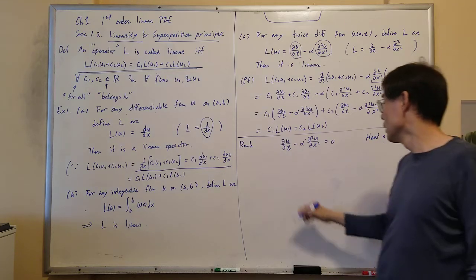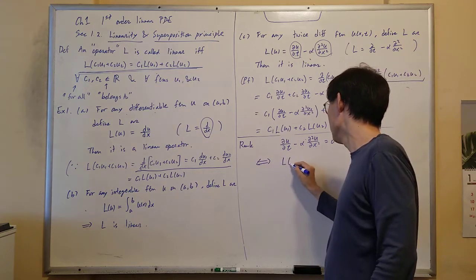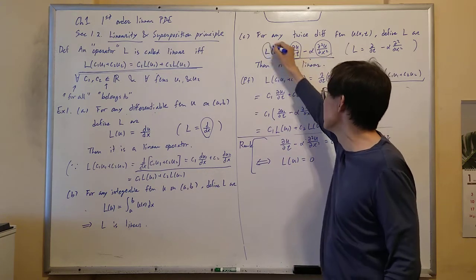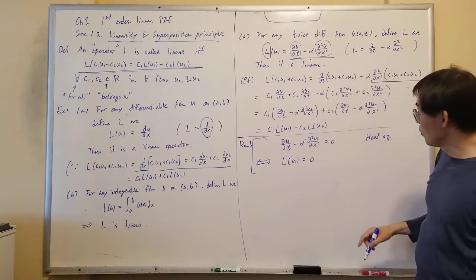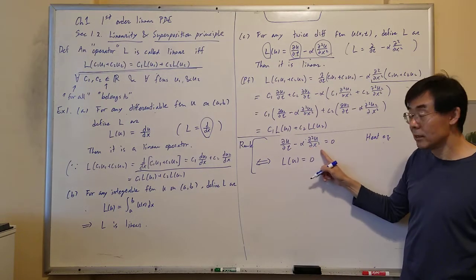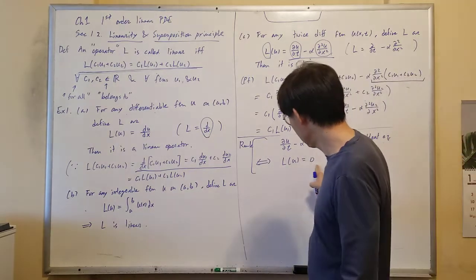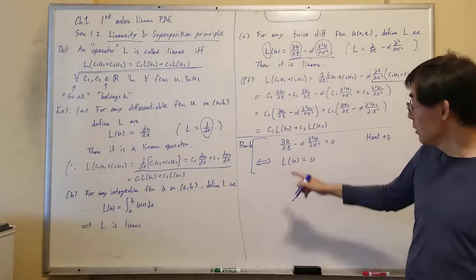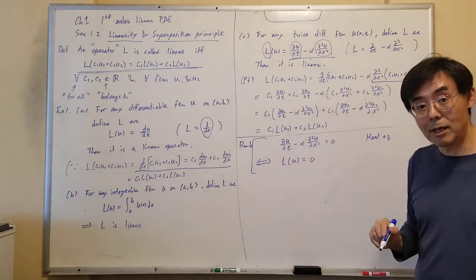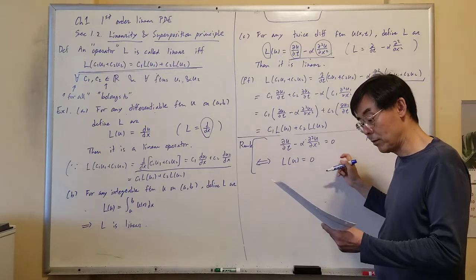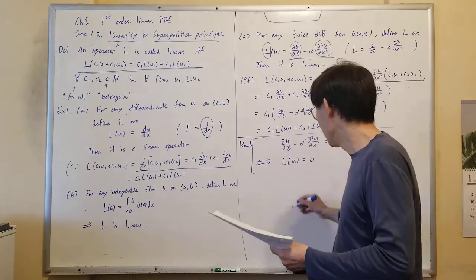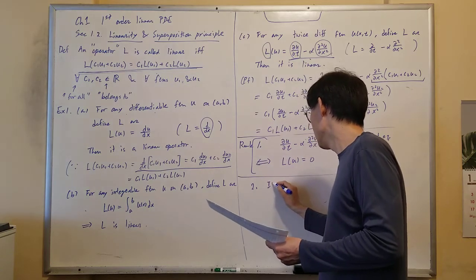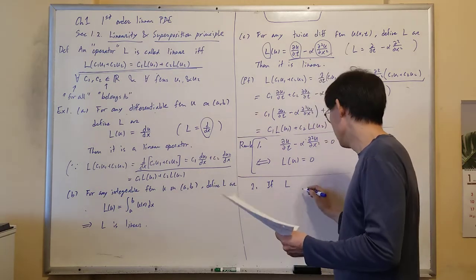Now you can write this one as L of u equals 0 with this L. So we can write this linear PDE as this simple equation, L of u equals 0. L is a partial differential linear operator.